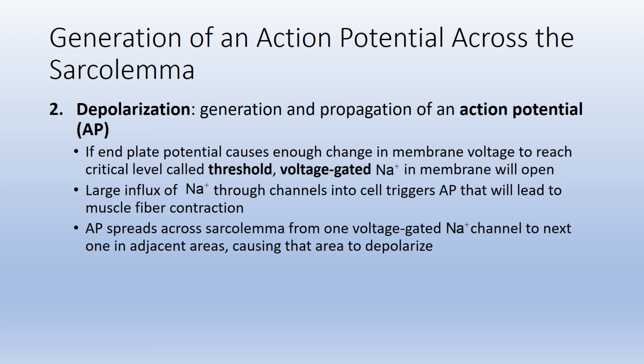All of this sodium coming in brings with it its positive charge, so it may take the inside value of the cell from -70 to -50 millivolts, driving it towards threshold. Once we hit threshold, that triggers an action potential, and we will see the propagation or the spreading out of this action potential across the entire sarcolemma of the muscle fiber.